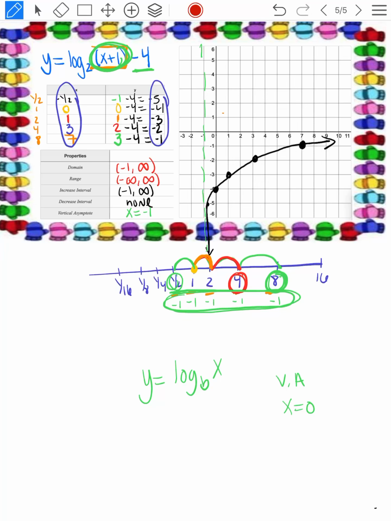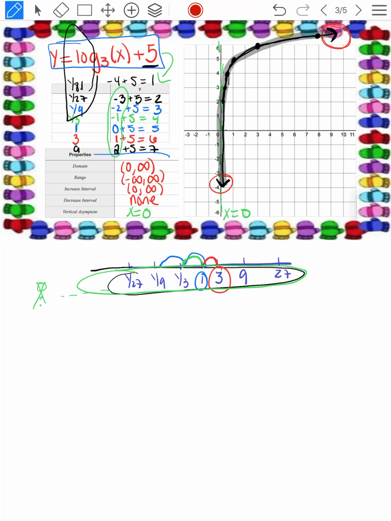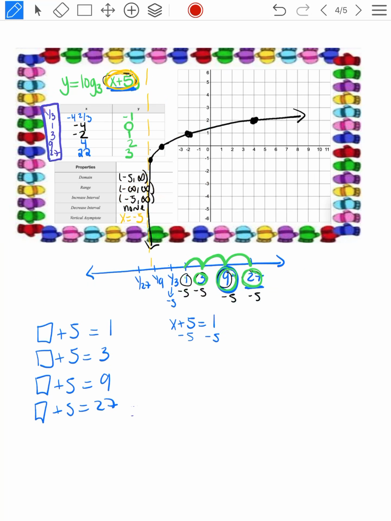So there you go. We did 3 examples. We did one that just had a change to the y values. Hopefully that one's not too bad. Then we got a little bit harder where we talked about how we have to shift the numbers on our number line. And remember here, right here was +5.